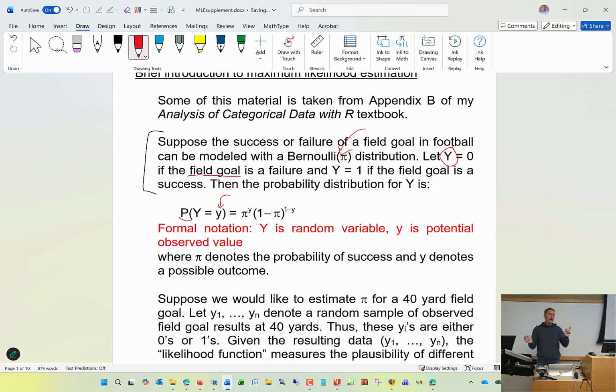All this little y means for me is it's either a 0 or 1, but it allows me to say it in a general manner, rather than actually putting 1 in there. And so then the probability distribution is pi raised to the y power, times 1 minus pi raised to the 1 minus y power.